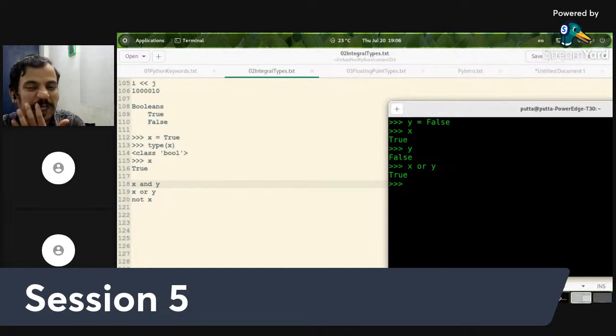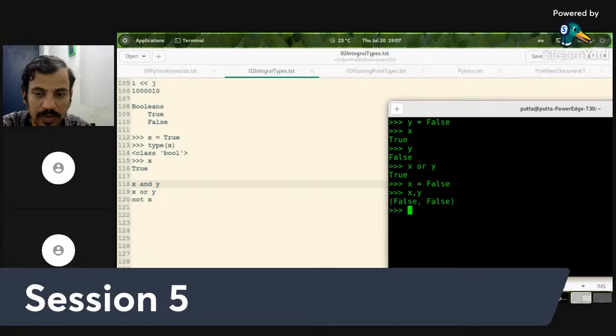So in logical OR, if at least one of the values is true, the result is true. It is false only when both the values are false. Suppose I set x also as false. So x, y both are false. In this case, x or y is false.